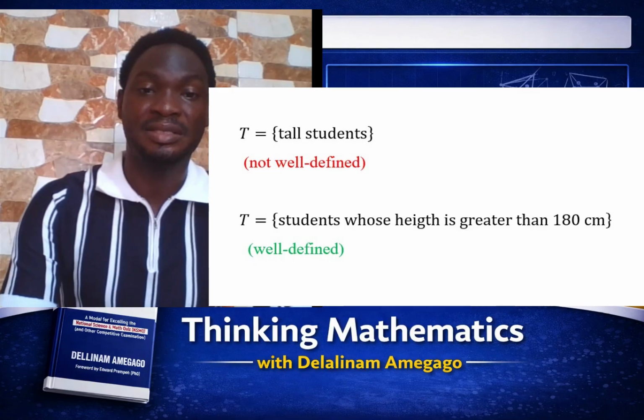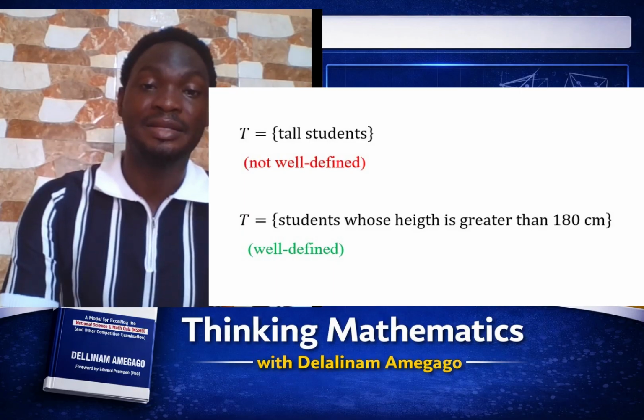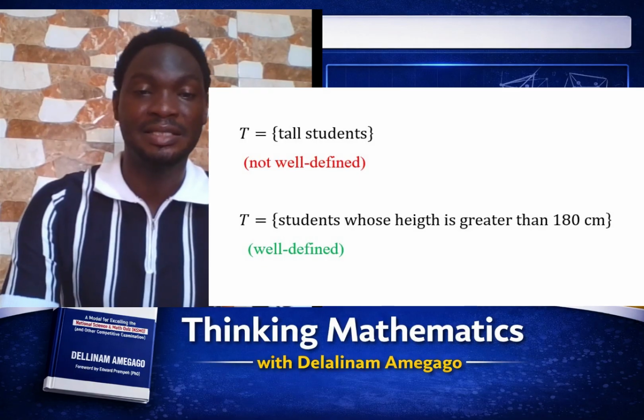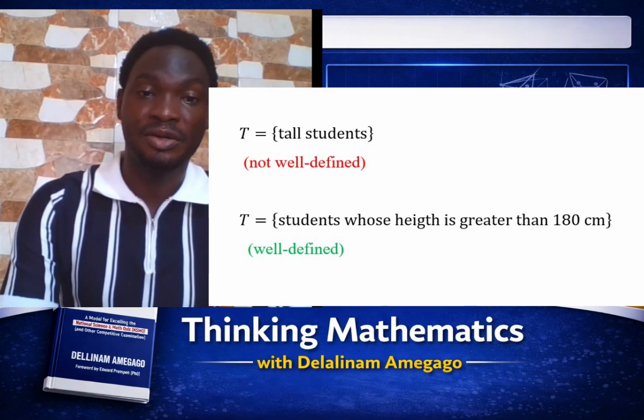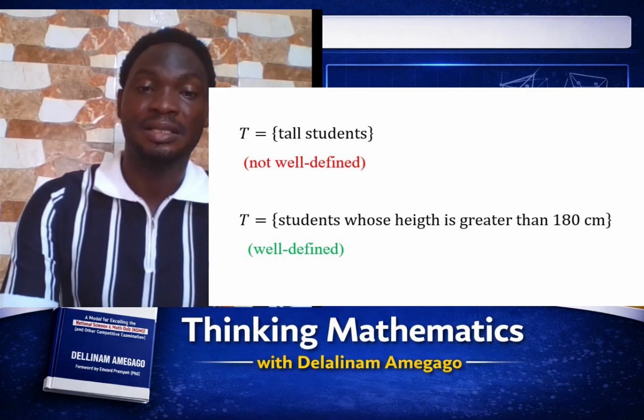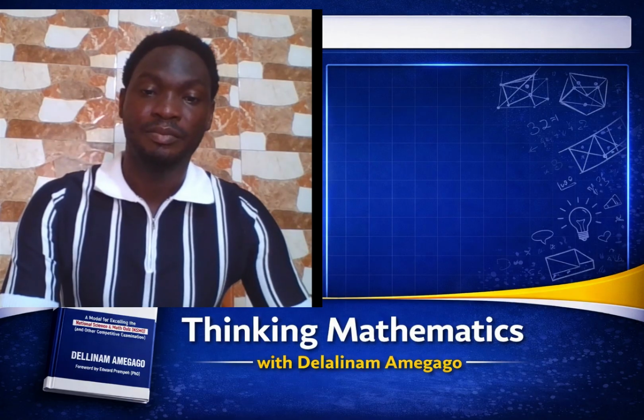One person considers a student who is 150 centimeters tall as a tall student. Another person may not. Another person may say you have to be 180 centimeters or above to be considered a tall student. So T is not a set because it's not well defined.